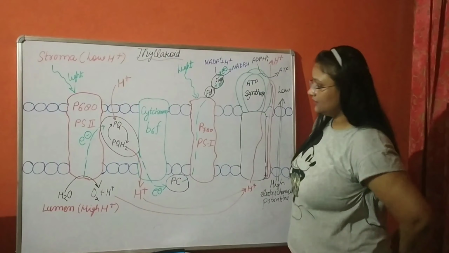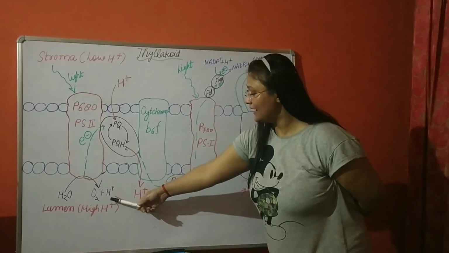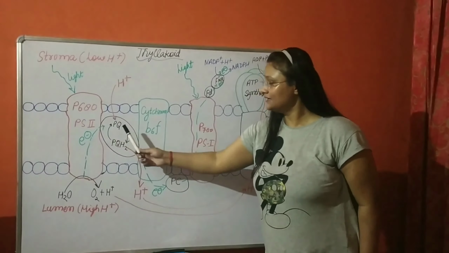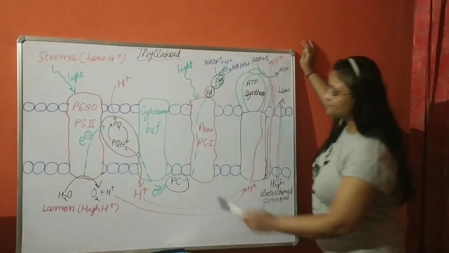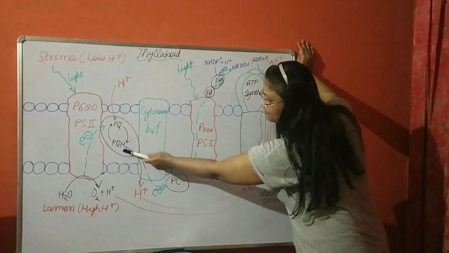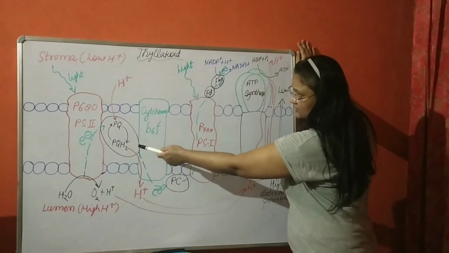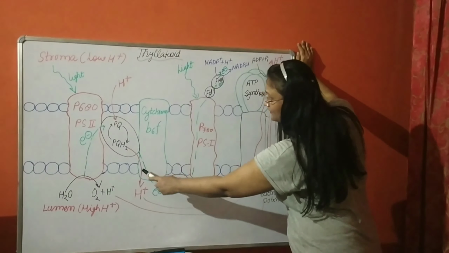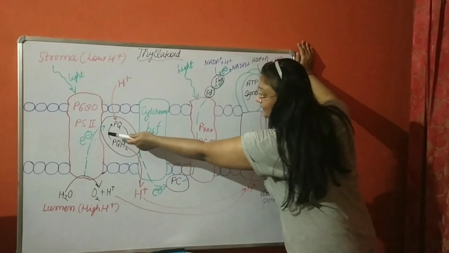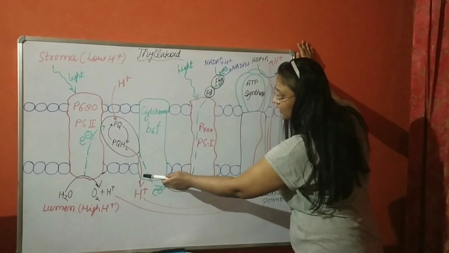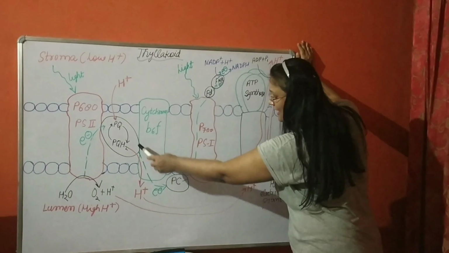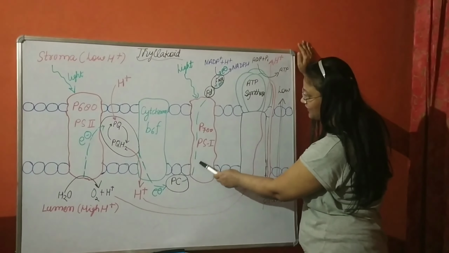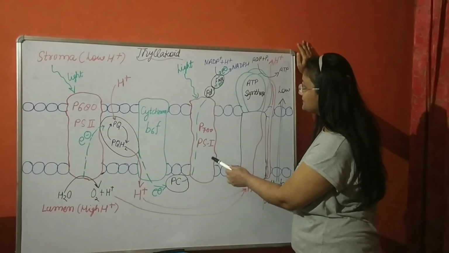So basically water will be split and O2 will be evolved. Electron will move from photosystem second to plastoquinone, which will get reduced into PQH2, like earlier it was in oxidized state. Then the electron will be transferred from cytochrome B6F finally to plastocyanin and then finally to photosystem first.